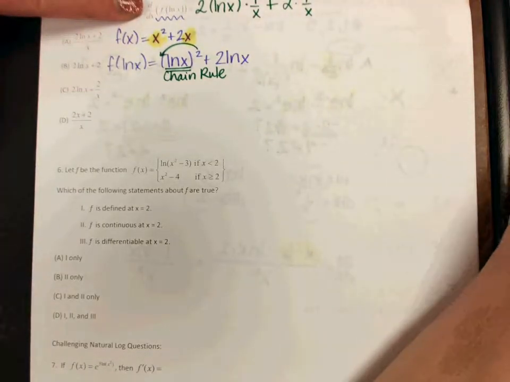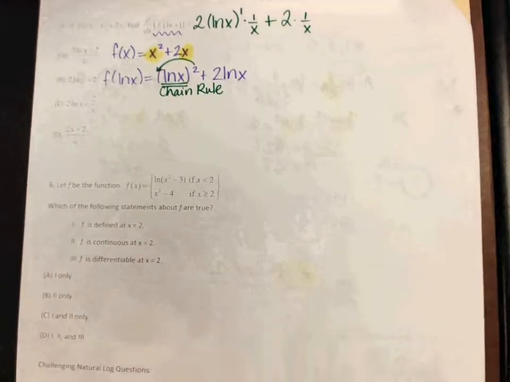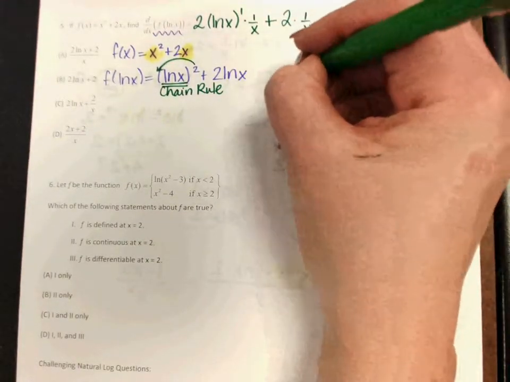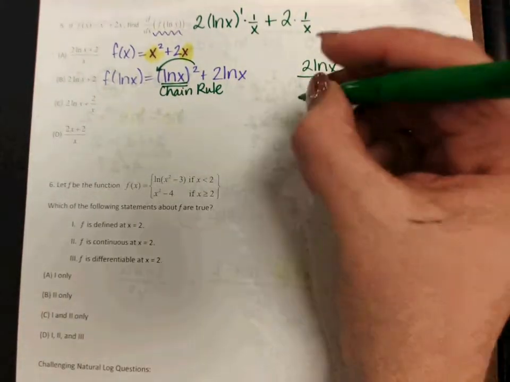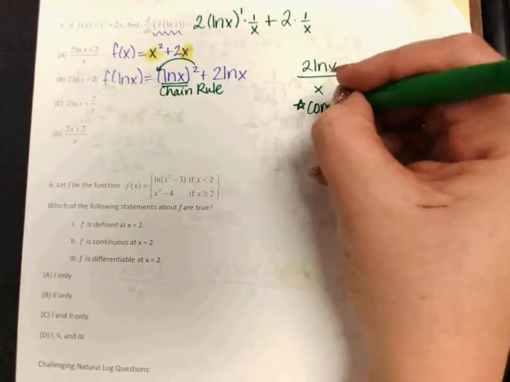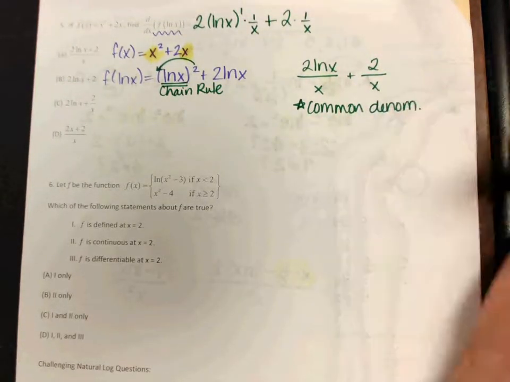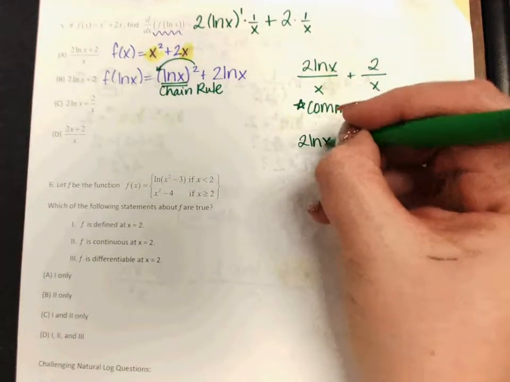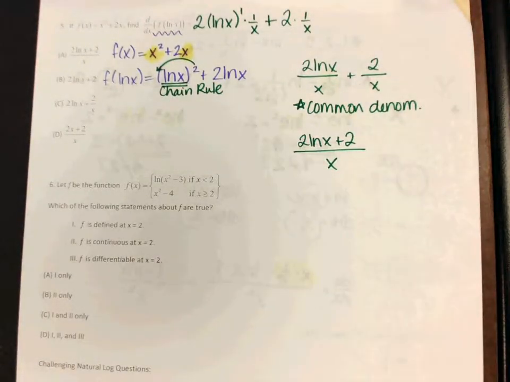And then I notice that both of those happen to have a 1 over x in them, so I can rewrite it like this: 2 ln x over x plus 2 over x. And then I notice I have a common denominator, and remember that any time you have a common denominator, you can put it all together into one fraction. So it'd be 2 ln x plus 2 over x, which is answer choice A.